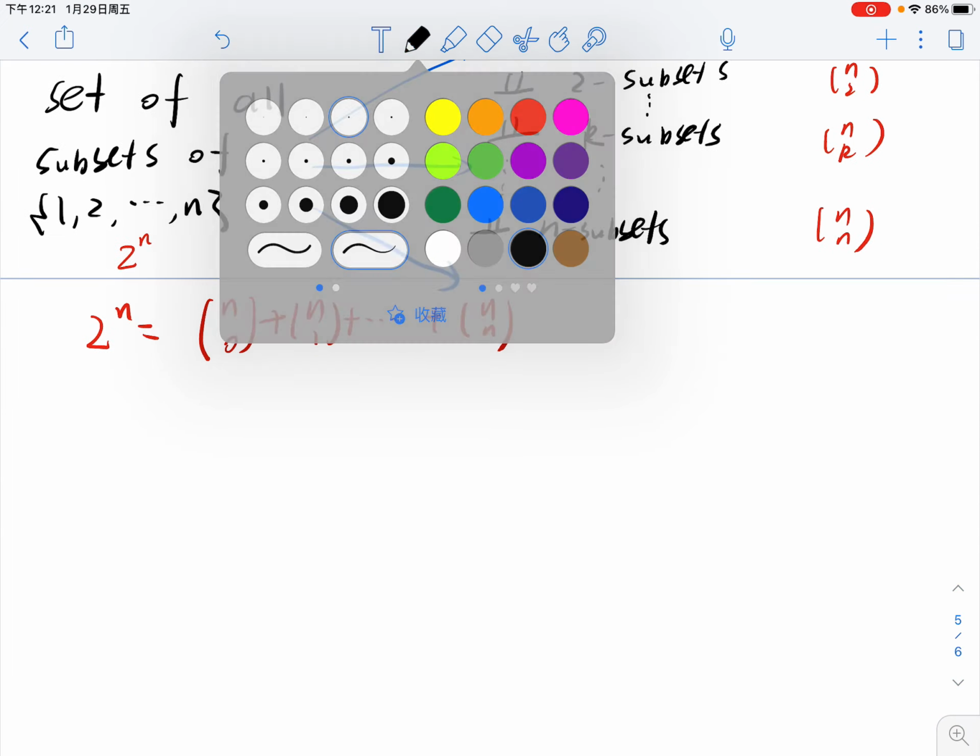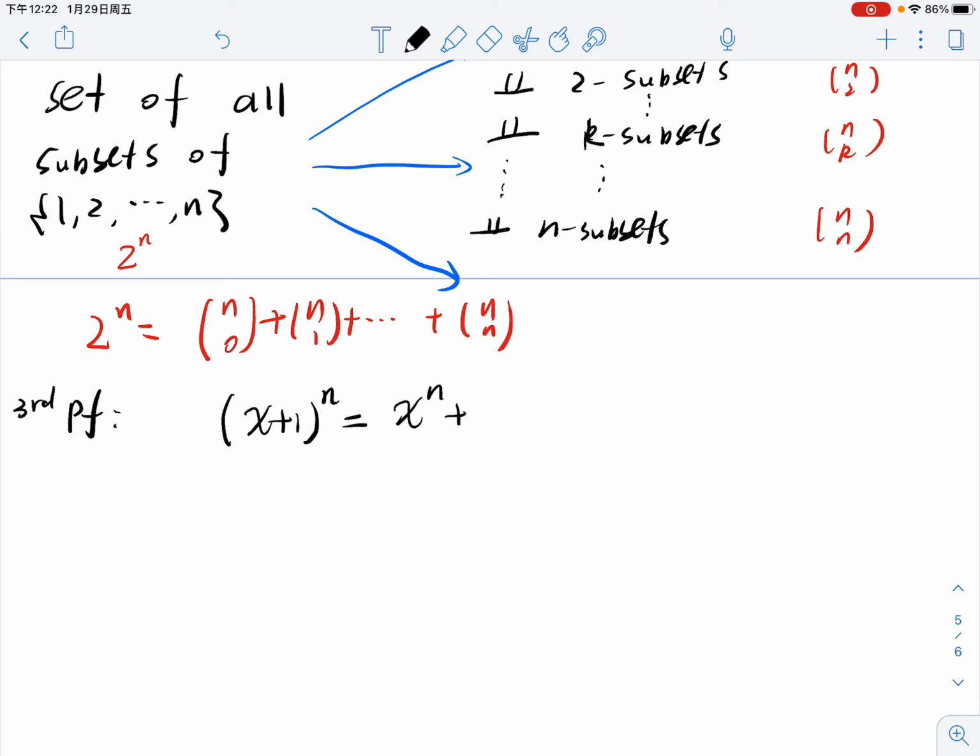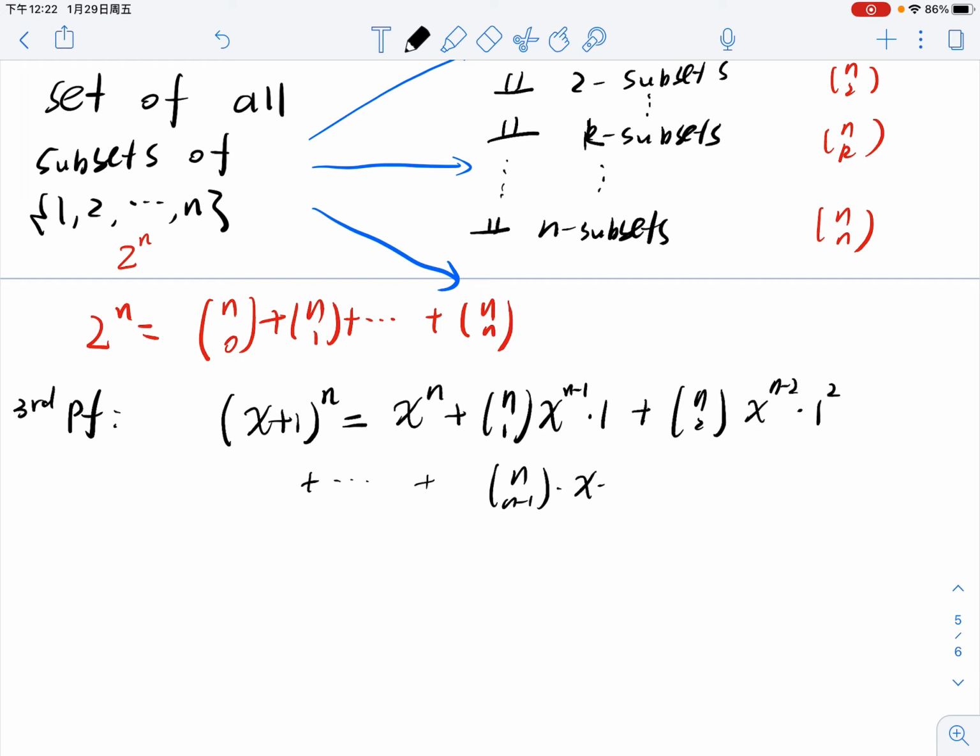Okay. And the third proof, actually, if you know Newton's binomial formula, x plus 1 to the n's power is x to the n's power plus n choose 1 x to the n minus 1 times 1 plus n choose 2 x to the n minus 2 times 1 squared plus all the way to n choose n minus 1 times x times 1 to the n minus 1 plus n choose n times x to the 0 times 1 to the n's power.